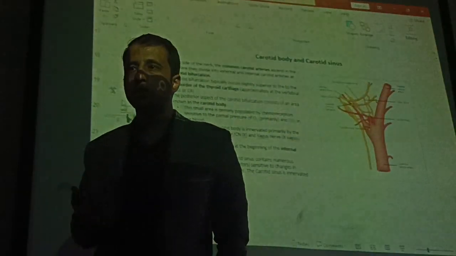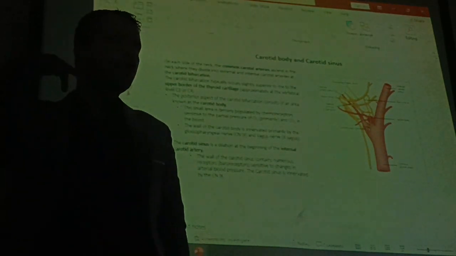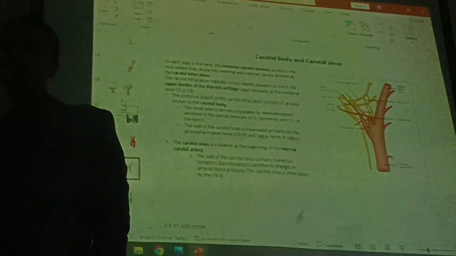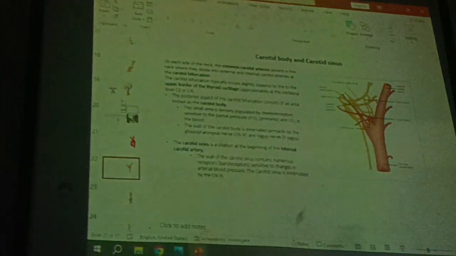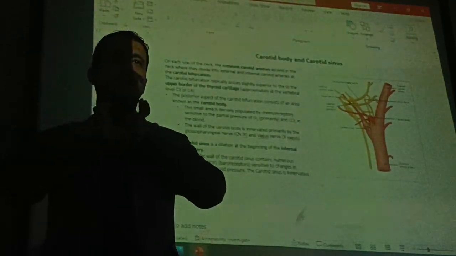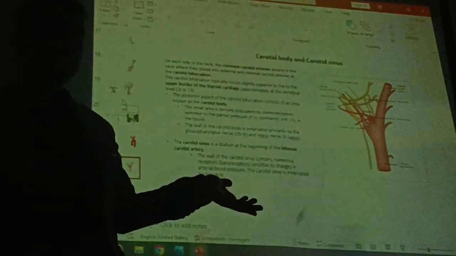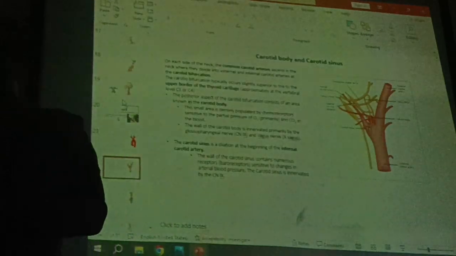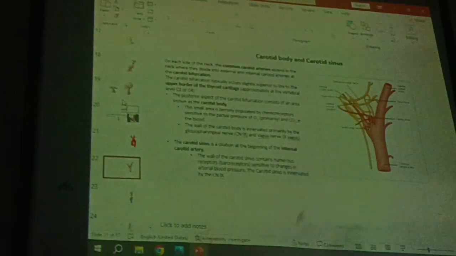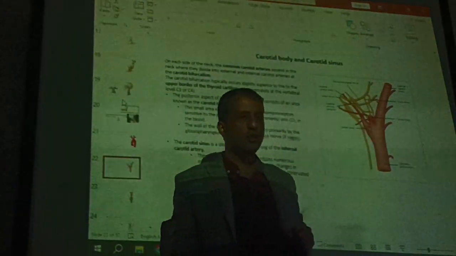In some patients, the baroreceptors in the carotid sinus are very sensitive and functional. If you touch this area in these people and massage it several times, maybe they faint because of stimulation of the baroreceptors located in the carotid sinus.